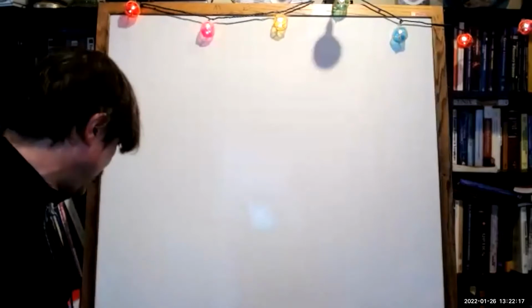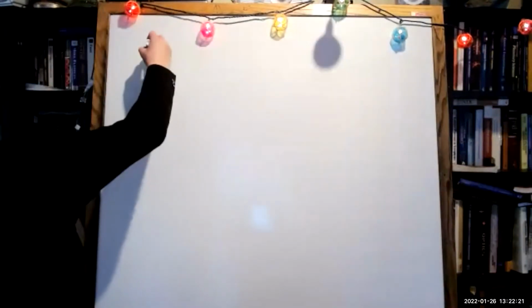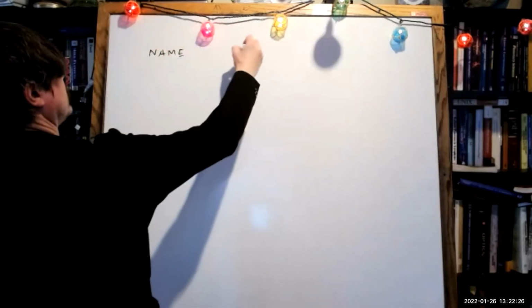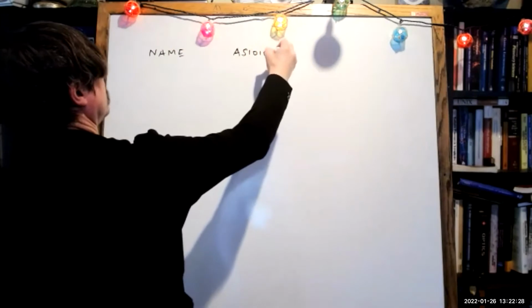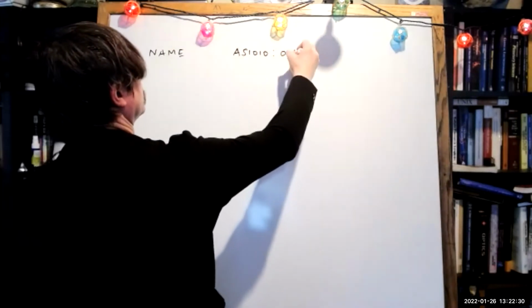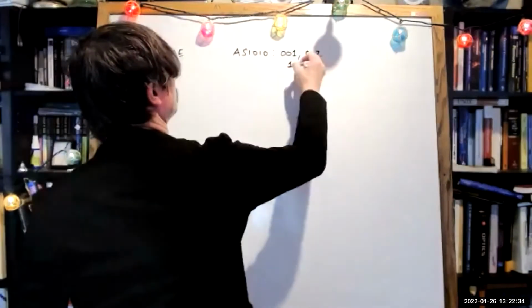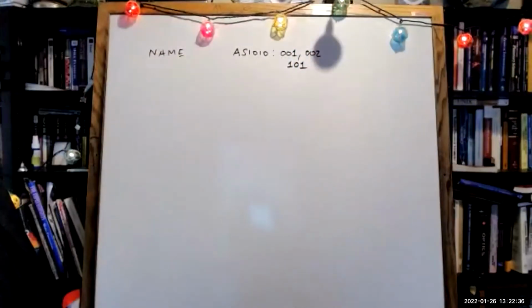Let's get our board queued up here, and we're going to set things up exactly the same way we did last time. We're going to have our names, AS1010, section, whatever your section is, 1002. Night class is 101, I believe.